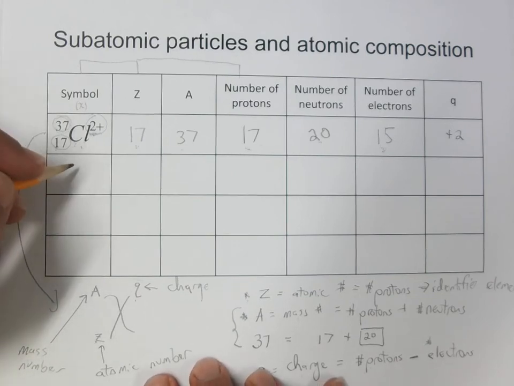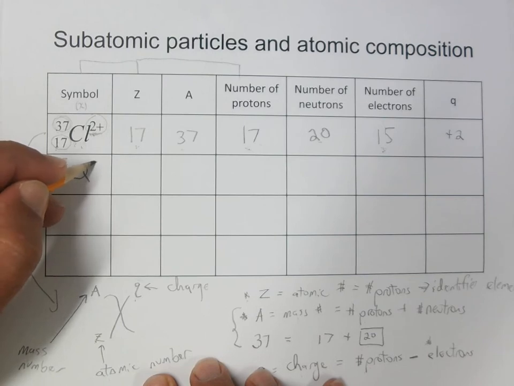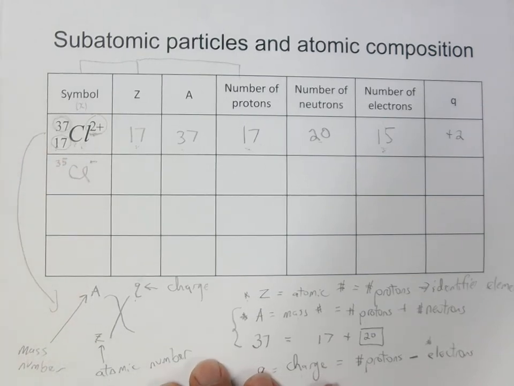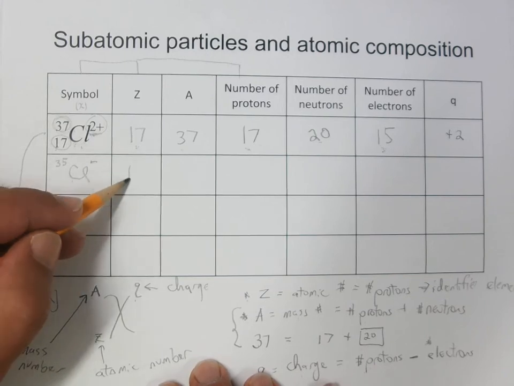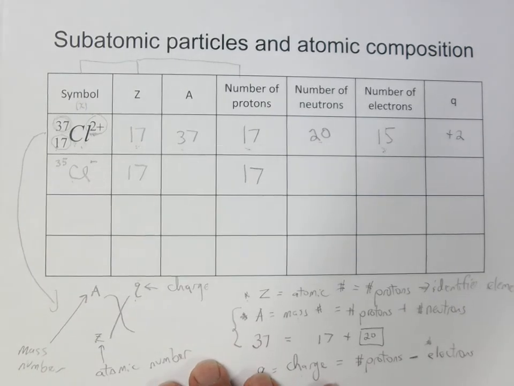What's typically more stable, and I'll give you another isotope of chlorine, chlorine 35 is very common, but it's most likely going to be chloride, Cl-. So it takes on a negative charge. For it to be chlorine, it has to have atomic number 17 and 17 protons.